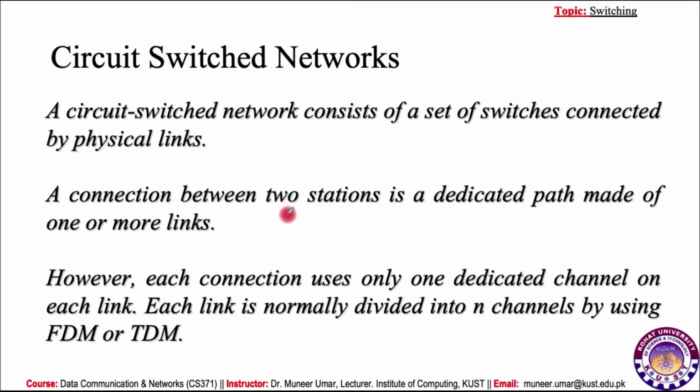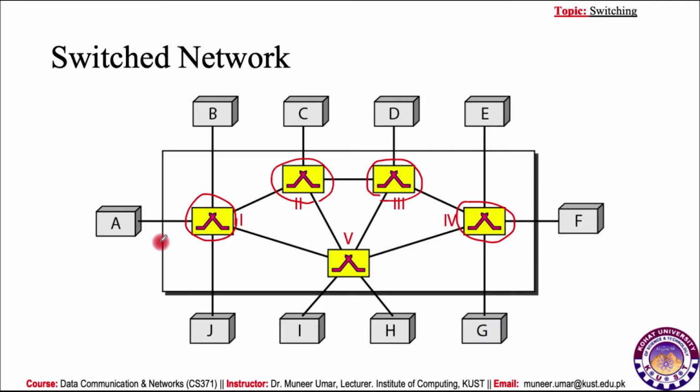A connection between two stations is a dedicated path made of one or more links. In circuit switching, the path, once established, would be dedicated between the connecting devices, and that path would not be shared by any other device, just like here.